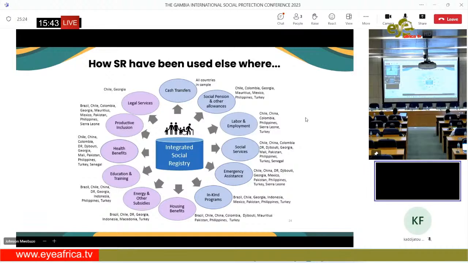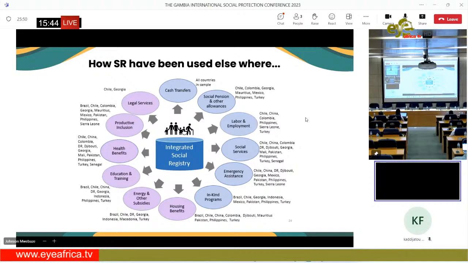So before I move on to West Africa, this is a diagram I picked from one of the publications. I forgot to quote the source, but you can see that registries have been used in quite different applications across the world. I think for Gambia, they've only used them for cash transfers and some other programs, but you can see they've used registries for labor and employment, social services, emergency assistance, in-kind programs, and the different examples you can see for different countries.